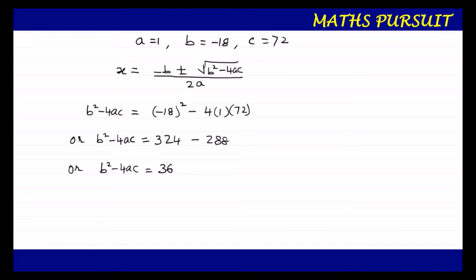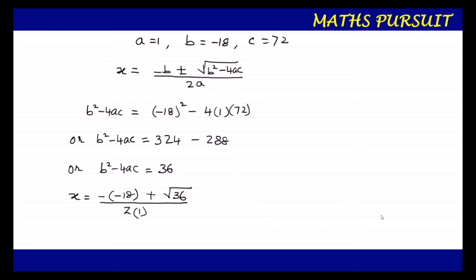Now let us put this value of b² - 4ac in our quadratic formula and find x. x = -b, that means -(-18), because the value of b is -18, plus or minus √36, because we got b² - 4ac as 36, upon 2a. Here the value of a is 1.